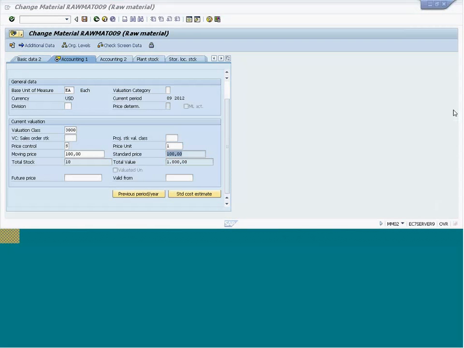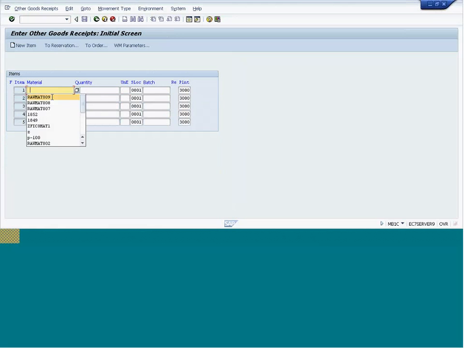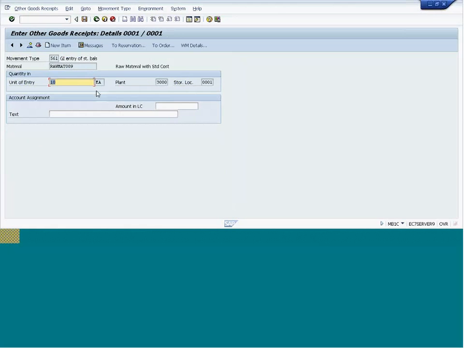Okay. So now let's go ahead and procure material, maybe one more time. I'm using the same material and same quantity, but instead of $1,000, I'll say $500.